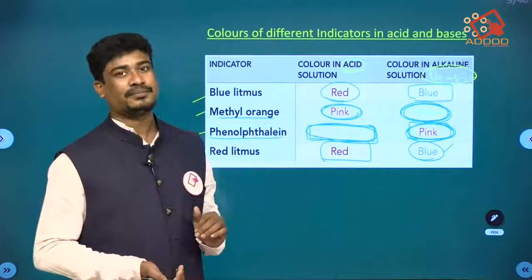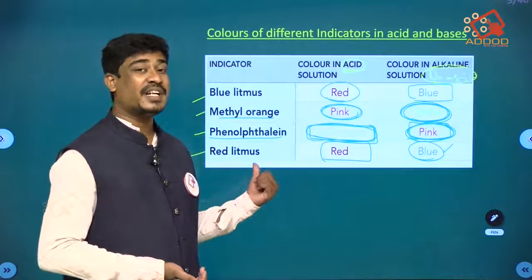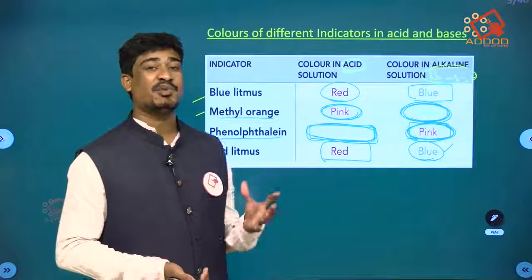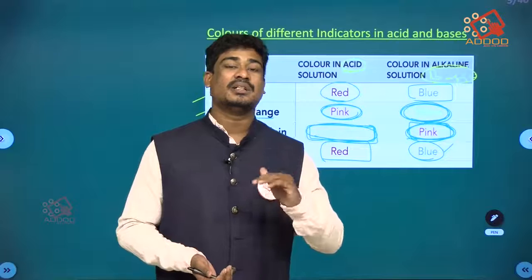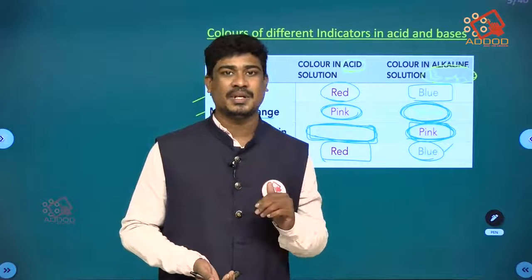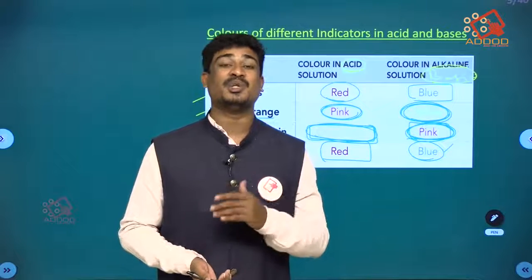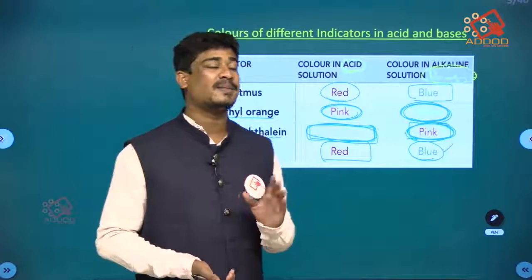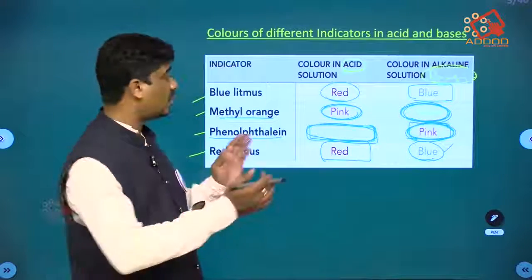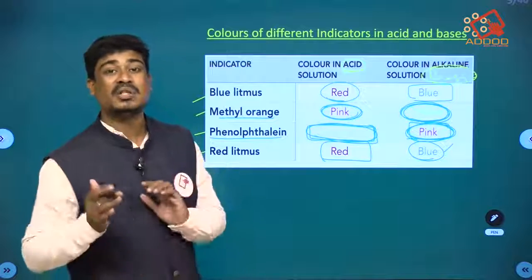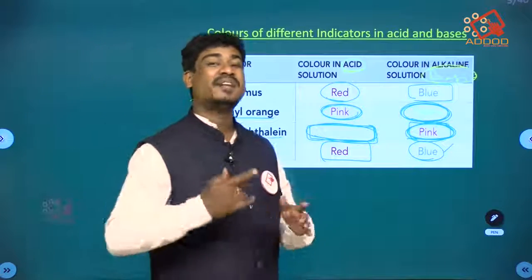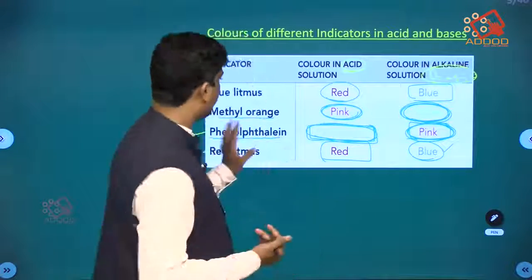For phenolphthalein, added to acidic solution, the color remains the same, colorless. If added to the basic solution, it turns pink. So this is about the color of solutions when different indicators are added.